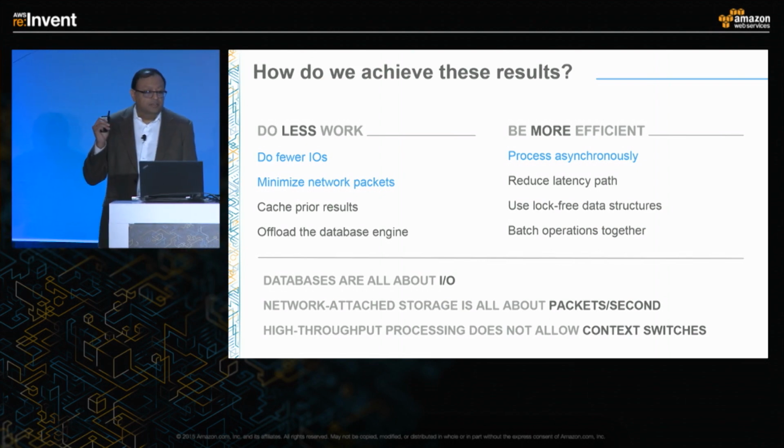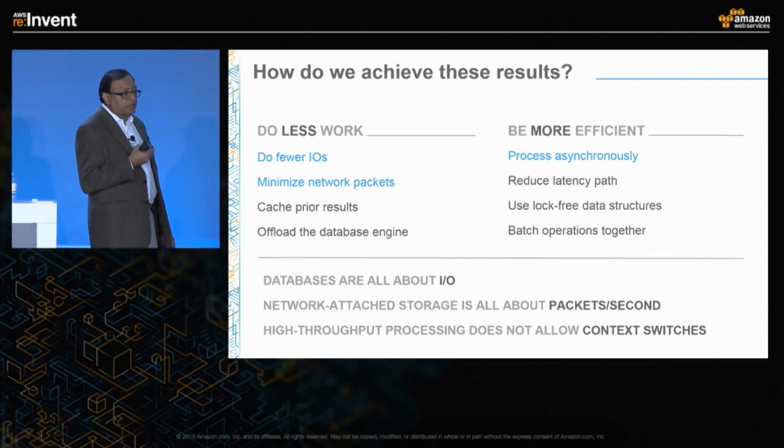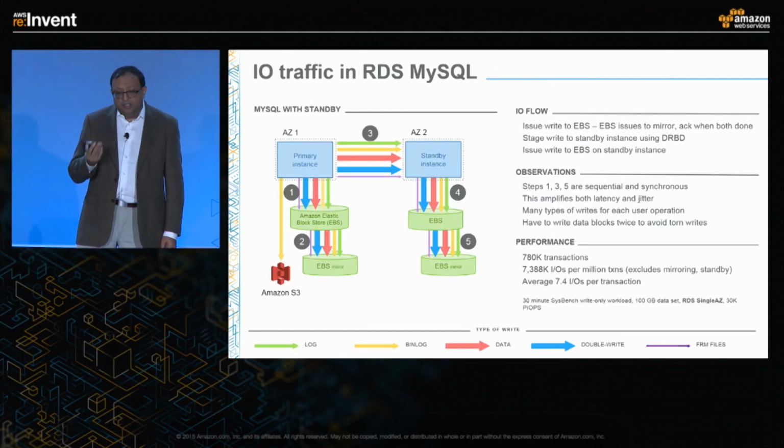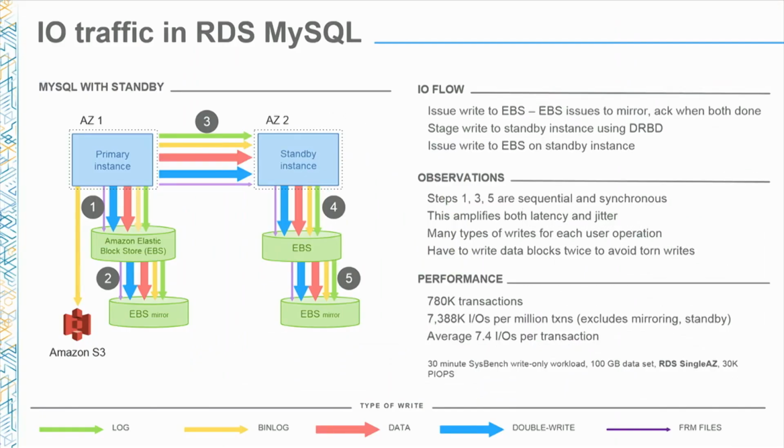Let's compare and contrast. So here's IO traffic in RDS MySQL with a standby instance. You issue a write, it goes to EBS. EBS is going to issue it to a mirror asynchronously in parallel. Then we ack back once both writes have happened. Then we synchronously go over to another AZ to issue that write using DRBD.